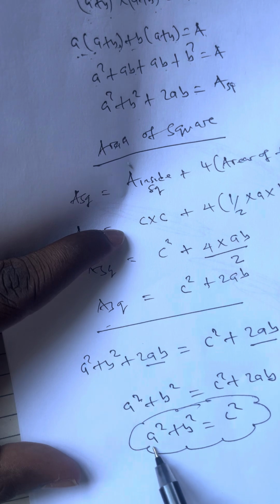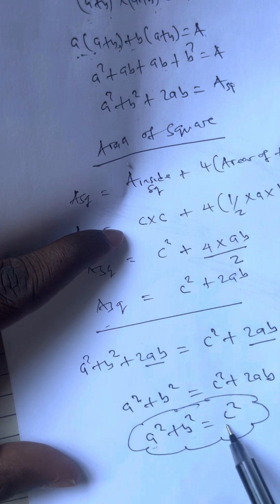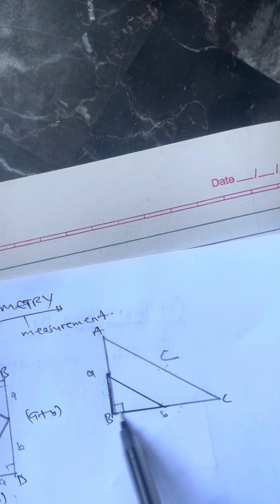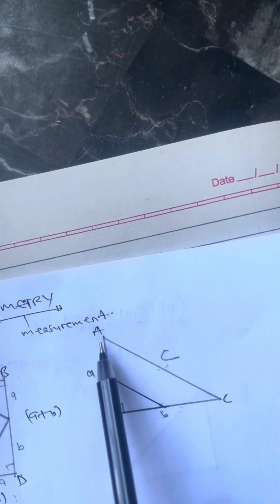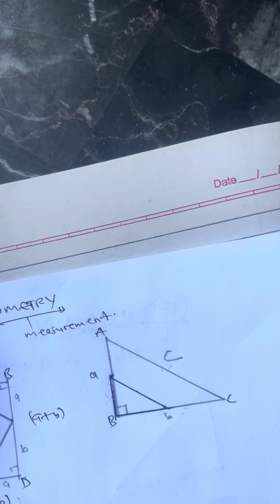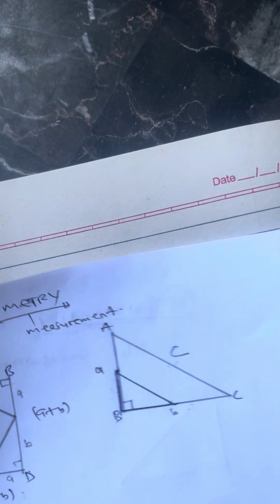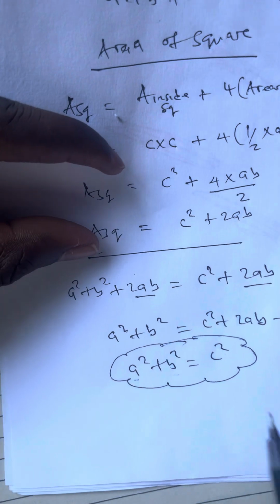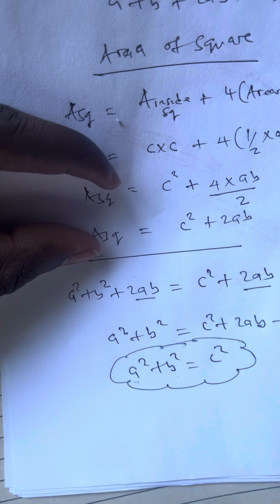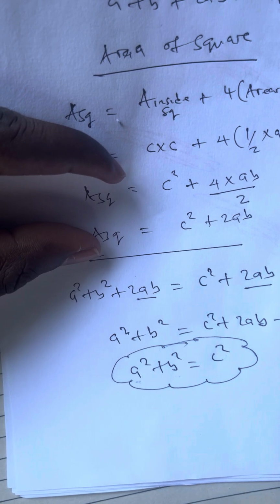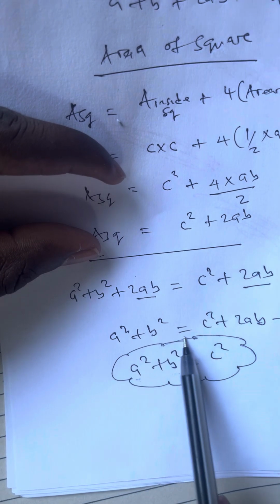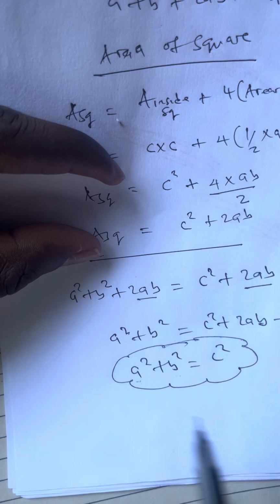If you know the lengths of two sides, you will get the length of the remaining side, as we saw here. If you are given the lengths of these two sides, the length of the remaining side will be determined by these two. Here is a visual; it's a logical reasoning, but in a mathematical relationship we see that A square plus B square equals C square, which means whenever you have a right-angled triangle, the lengths of the sides are determined by using this mathematical equation.